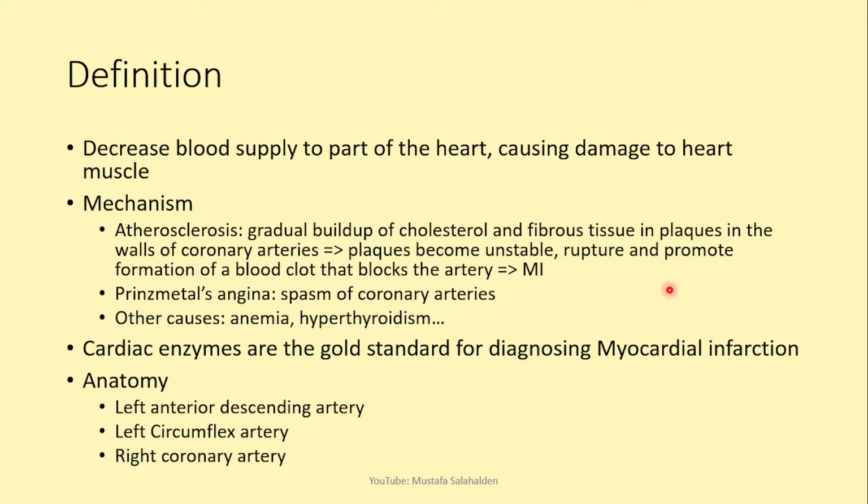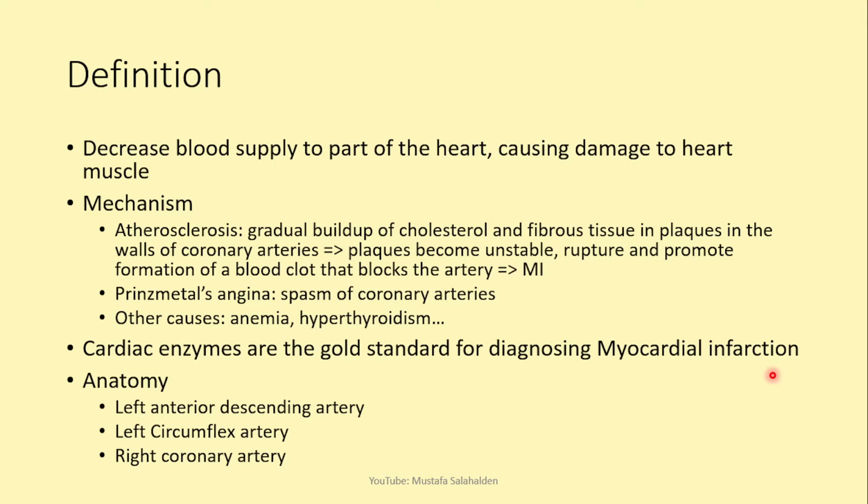The other mechanism is Prinzmetal angina, which is a spasm of the coronary arteries, and there are rare mechanisms like anemia and hyperthyroidism and more. The cardiac enzymes are the gold standard for diagnosing myocardial infarction.